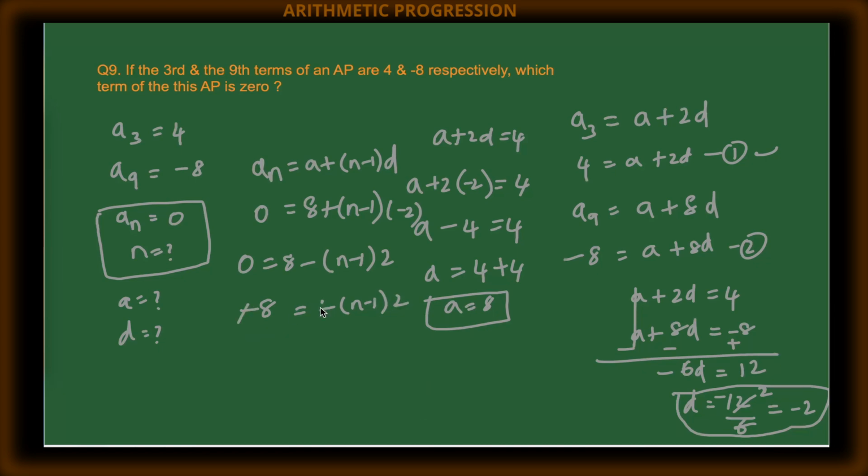Okay, minus gets cancelled. 8, let's bring this to this one, n minus 1 into 2, so 4. Okay, so 4, let's bring this minus here, it becomes plus 1 is equal to n. So n is equal to 5.